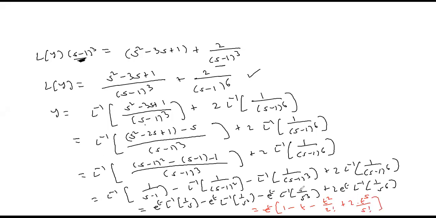Is that clear? Because we have L inverse of 1 by s power n plus 1 equals t power n by n factorial. So this is the solution of the differential equation.